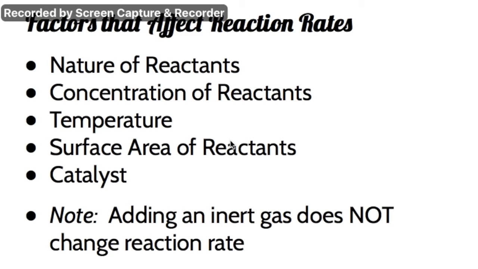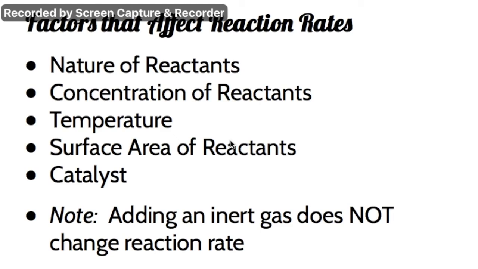Finally, on factors that affect reaction rates, one small note: it likely won't even come up, but this was something they used to trip students up on the old AP test. It may not be anything they test you on in the new AP test, just a small side note.